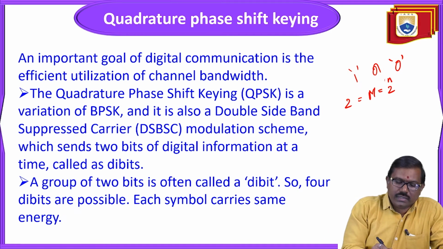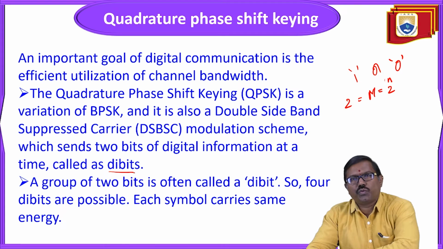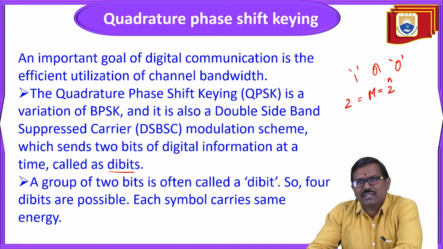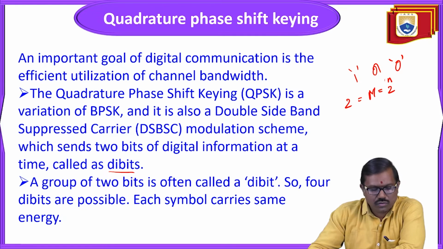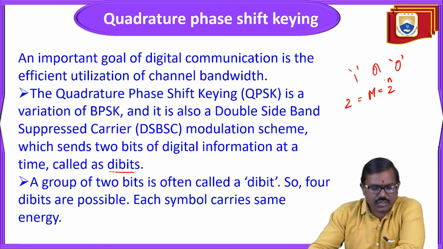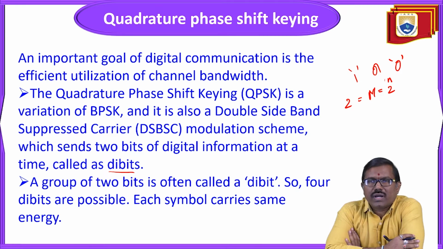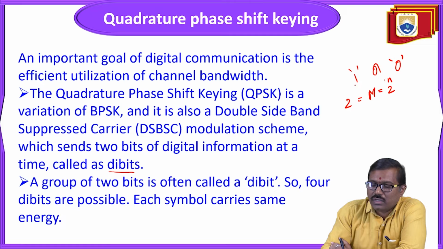A group of 2 bits is often called a dibit, so 4 dibits are possible. Each symbol carries the same energy. In binary, we talk about energy per bit, Eb, because you can send either 1 or 0.